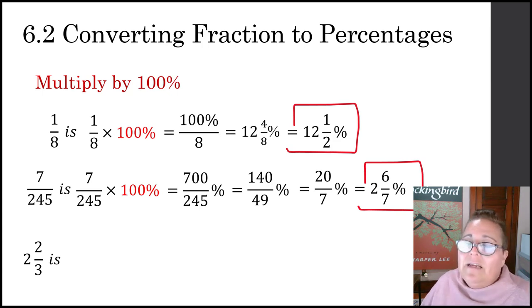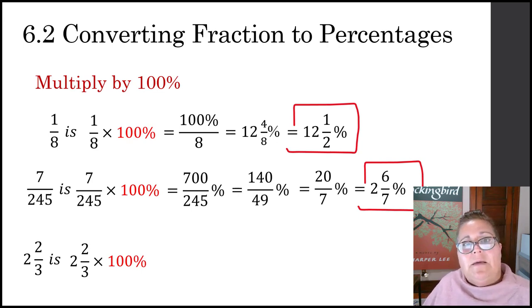What exactly? Well, I'm going to take that 2 2/3 and multiply it by 100%. And like I did before, I'm going to take the mixed number and convert it to an improper fraction. So 2 2/3 would be 3 times 2 is 6, plus 2 is 8.